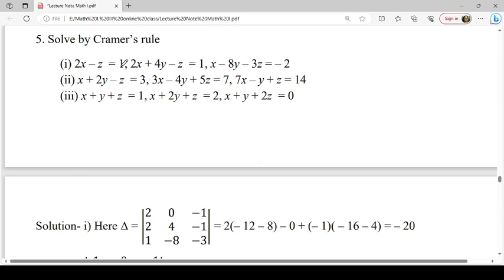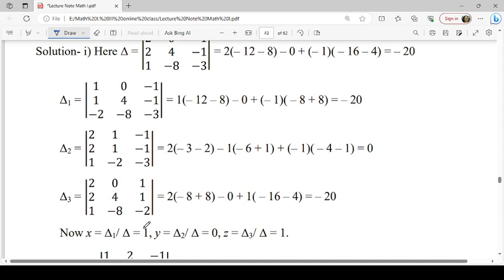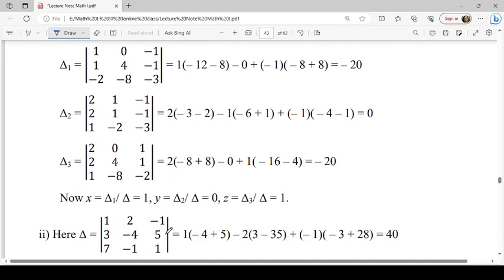And the right hand side column is 1, 1, minus 2. So 1, 1, minus 2 is replacing this column in the coefficient determinant, taking the second position here, and this is the third position. So we are evaluating these values and we can have the solution for x, y and z.